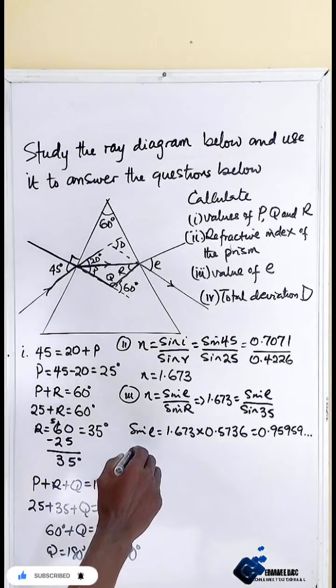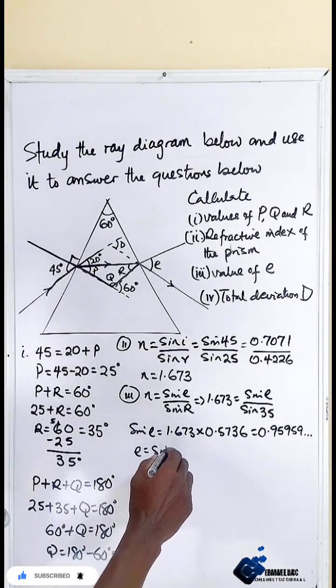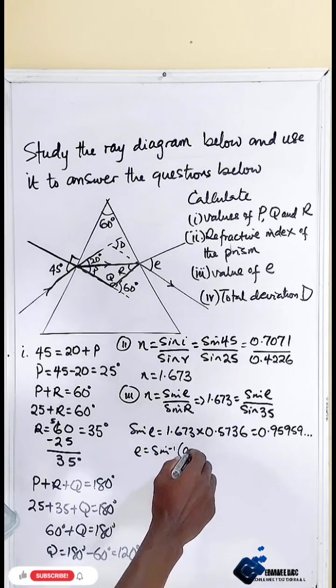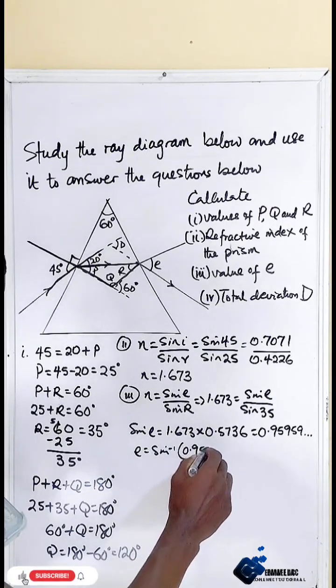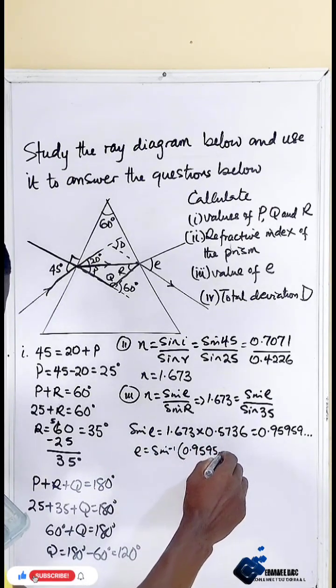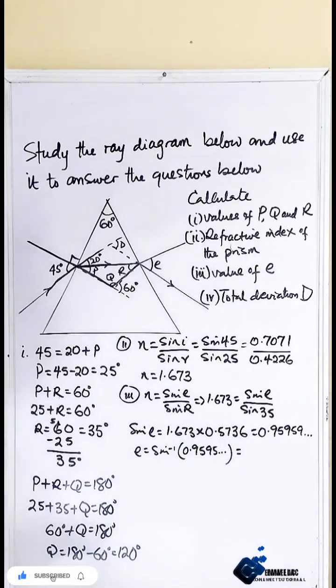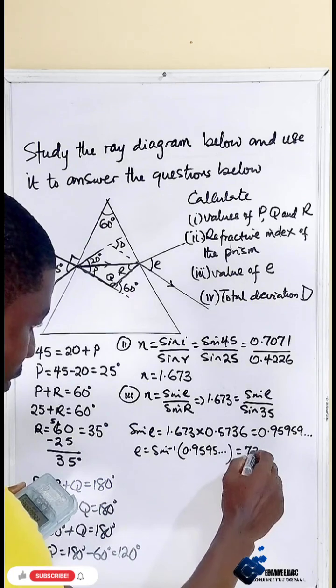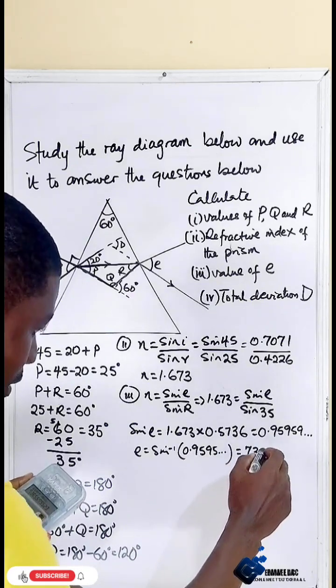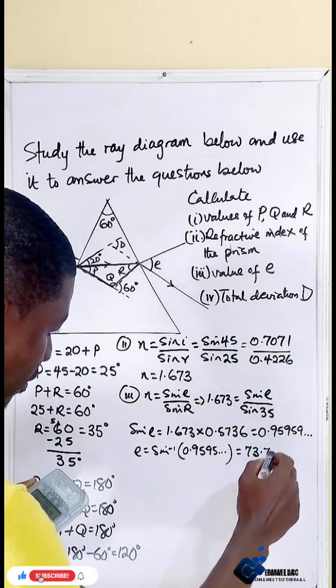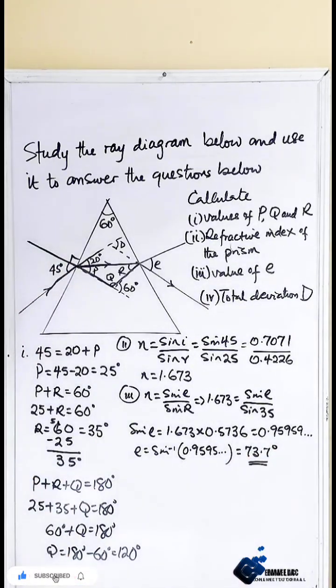So here we have that E will now be the inverse sine of 0.9595, which will give us 73.7 approximately degrees.